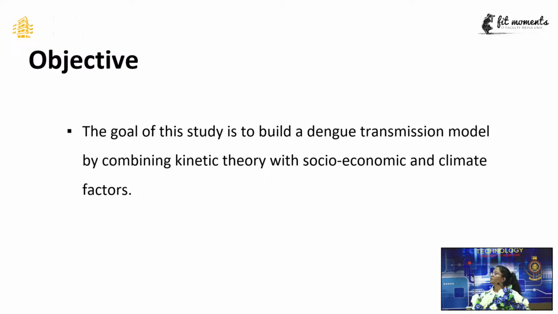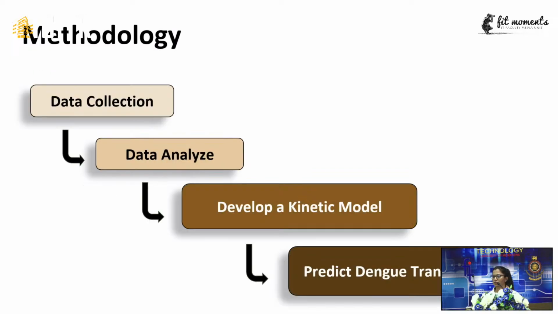Moving on to the objective, in this research project we are building a dengue transmission model to capture the individual impact on dengue transmission by using climate factors and socio-economic factors. In the methodology section, the first step is data collection, next we analyze the data, next we develop the kinetic model, and finally we predict the dengue transmission.